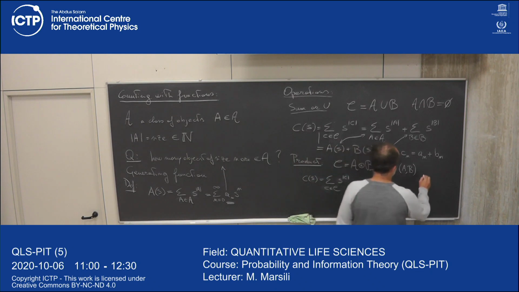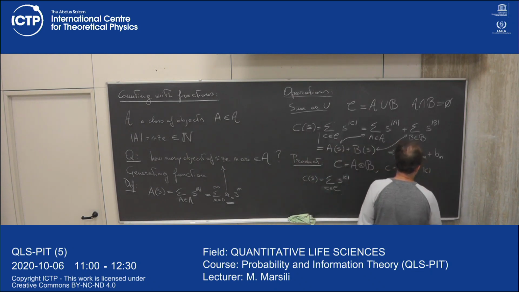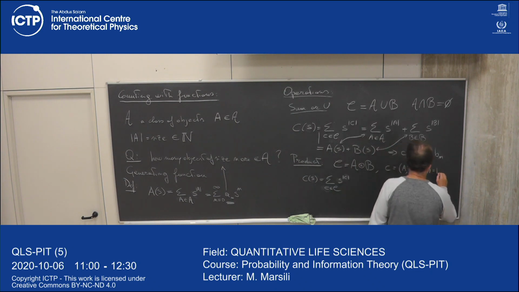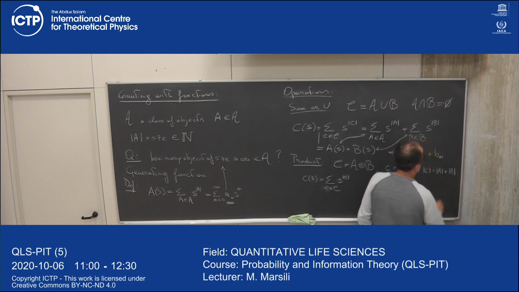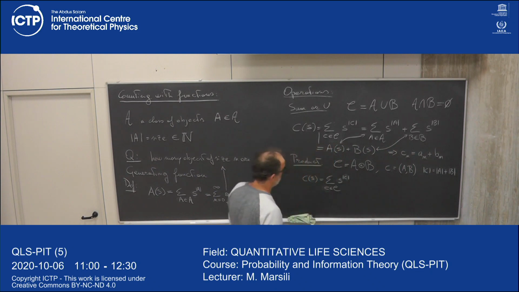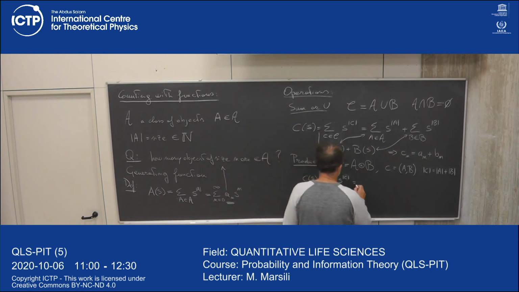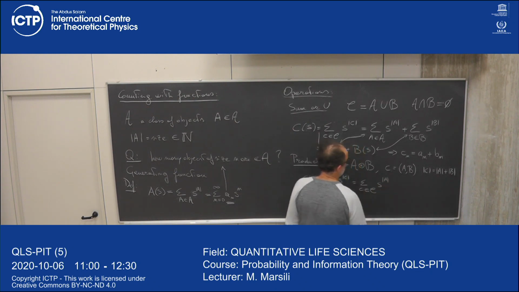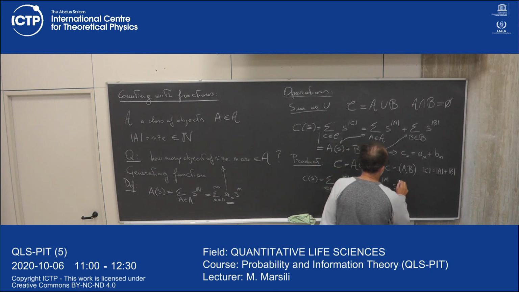But here, the size of an object of this type is the sum of the sizes of the objects in A and in B. So this is the sum over C of s to the size of a plus the size of b, that I can write as s to the size of a times s to the size of b.